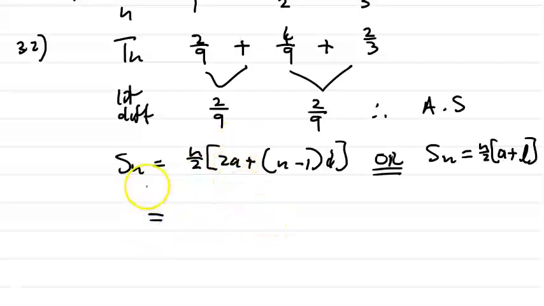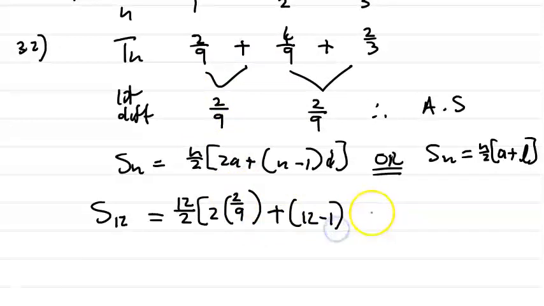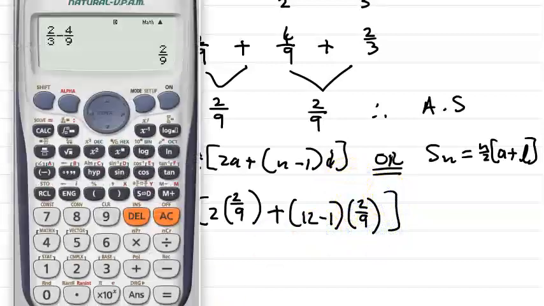So n is going to be 12, so it's going to be the sum to 12 terms. It's going to be 12 over 2 times (2 times my first term, 2 over 9, plus (12 minus 1) times the difference here, which is also 2 over 9). And let's put that in our calculator.